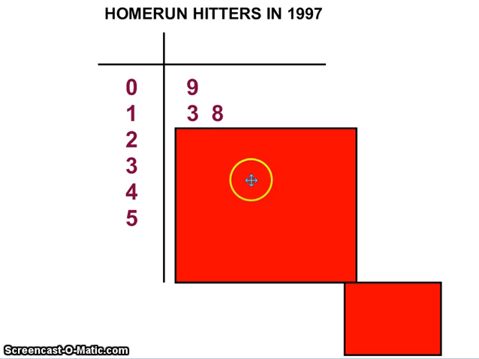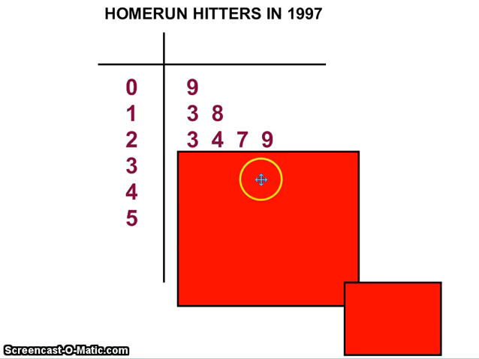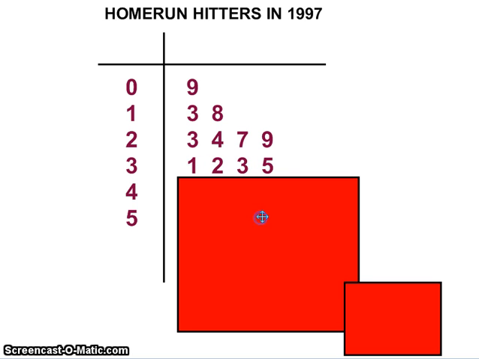Okay, the 20s, I had more. I had 23, 24, 27, and 29. So I have 3, 4, 7, and 9. Notice number order, starting from small, moving to big. In the 30s, I had 31, 32, 33, and 35. So I have 1, 2, 3, and 5.